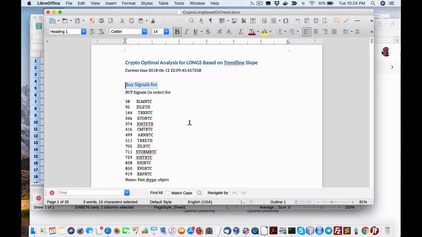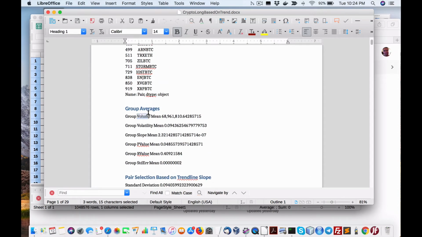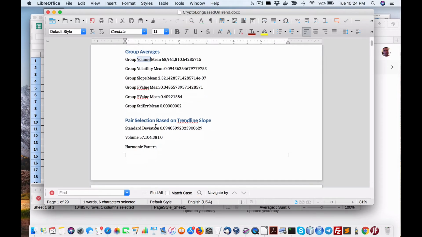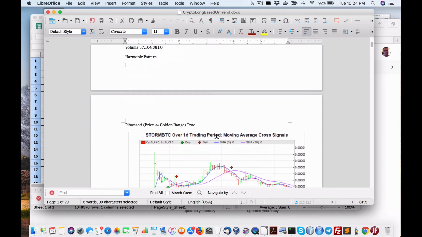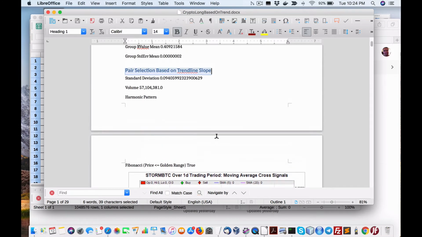When you go through the data here, we have our group averages, which is the volume mean, the volatility, the slope, the p-value, r-value, and the standard error. In there, we are then able to see our best cryptocurrency pairs to go with.